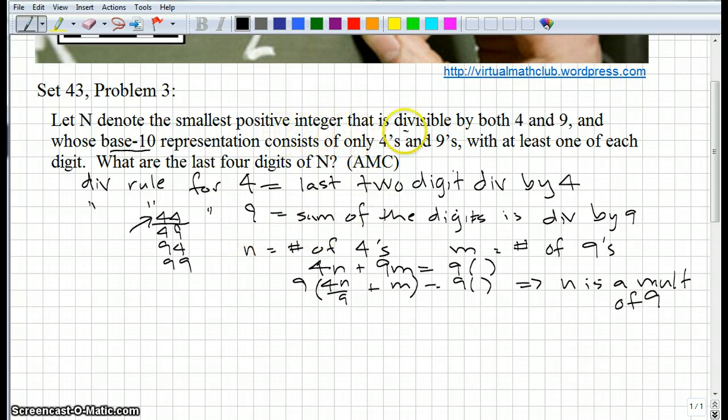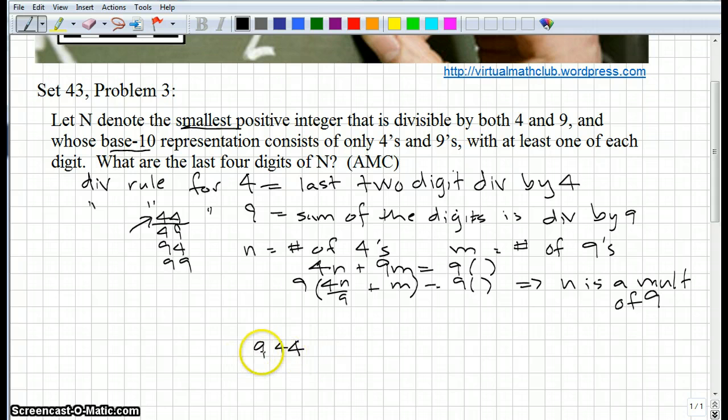And we need this to be the smallest positive integer. If we're going to have one 9 and 9 4s, the smallest number is going to have the least number of place values. So we want the smallest number that has 9 4s and one 9, with the last 2 digits being 4, 4. We want to put the biggest digit in the smallest place value available.